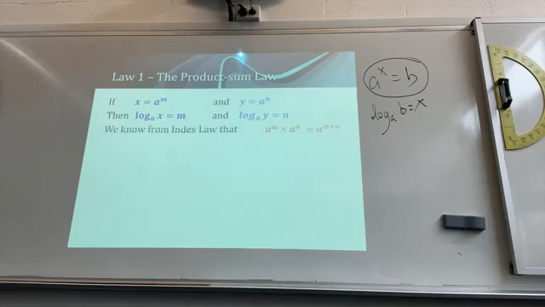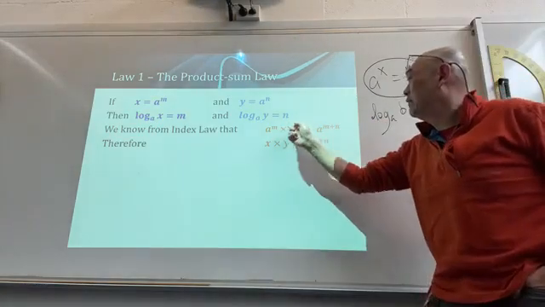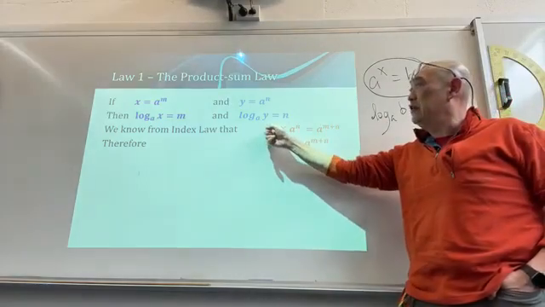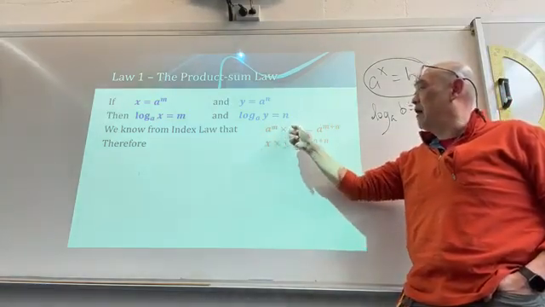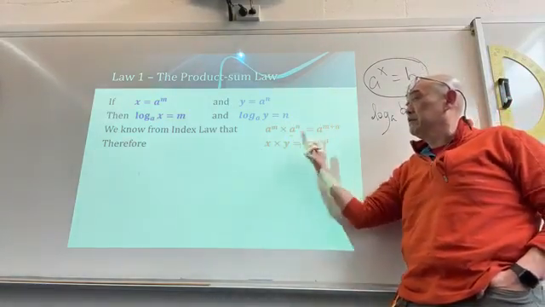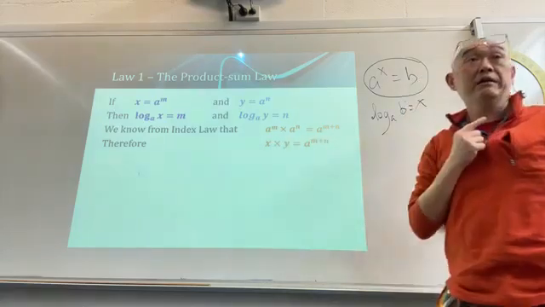We know that a to the power of m times a to the power of n equals a to the power of m plus n. So how are we going to change that to the log law? Since a to the power of m is x and a to the power of n is y, that is the same as that, correct?